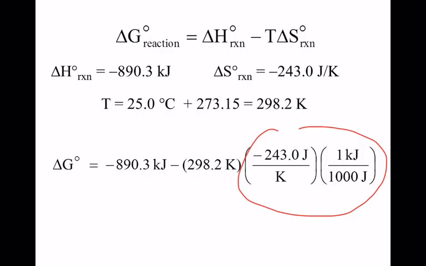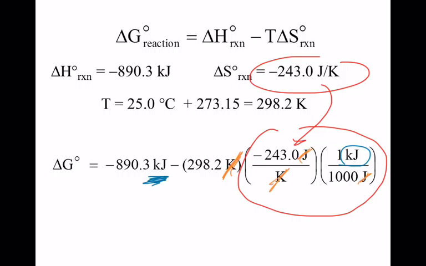So our delta S was negative 243.0 joules per Kelvin, and I need to get it in kilojoules because I have kilojoules here. Times 1 kilojoule over 1,000 joules. So factor label-wise, notice that units of Kelvin cancel, units of joules cancel, and the term that is subtracted from this term is actually in units of kilojoules, which is perfect.